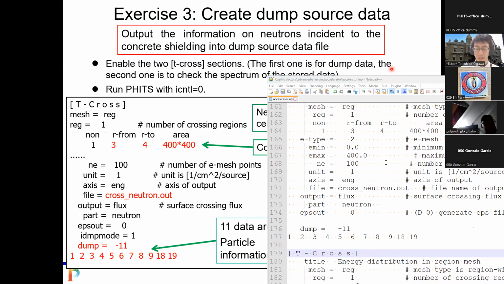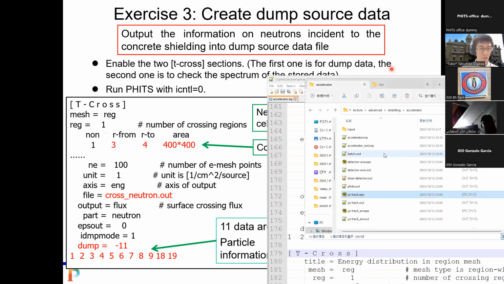This time, the calculation takes a bit longer because this calculation dumps particles to an external file.